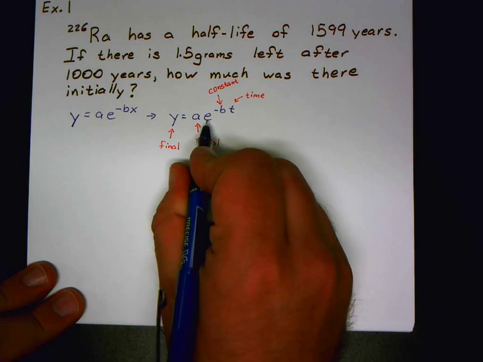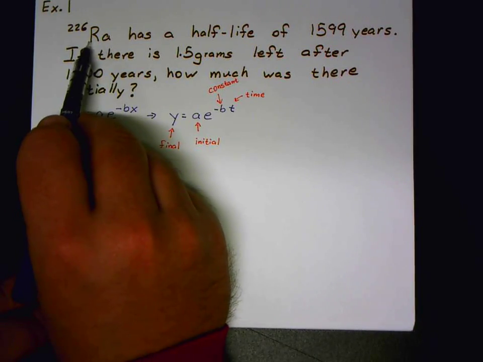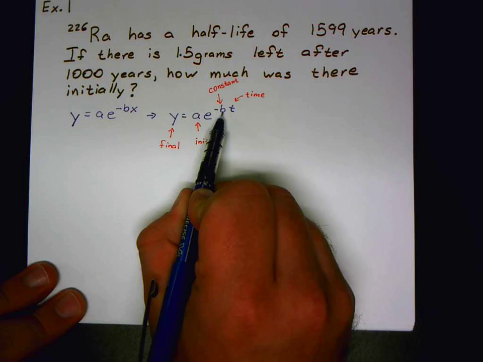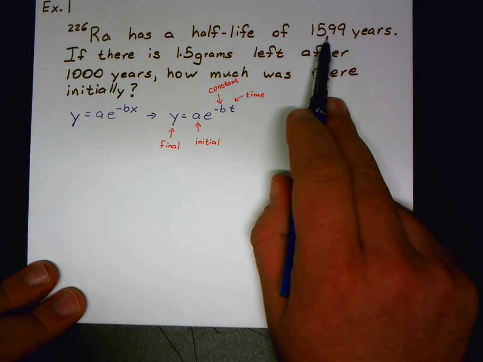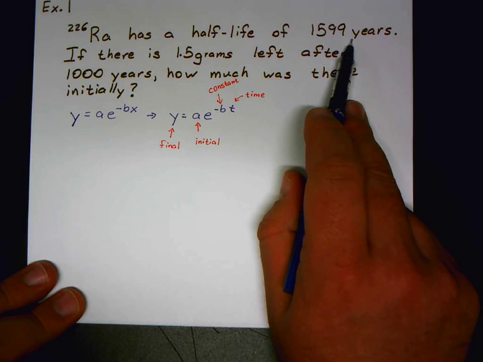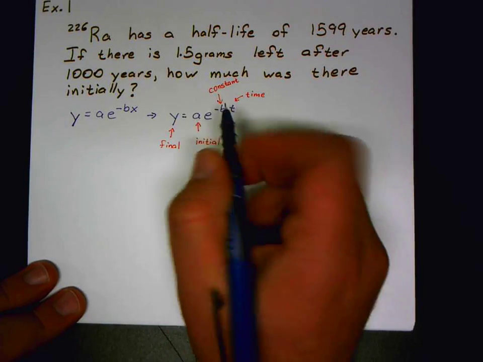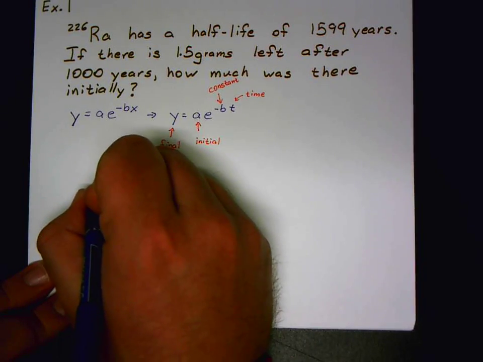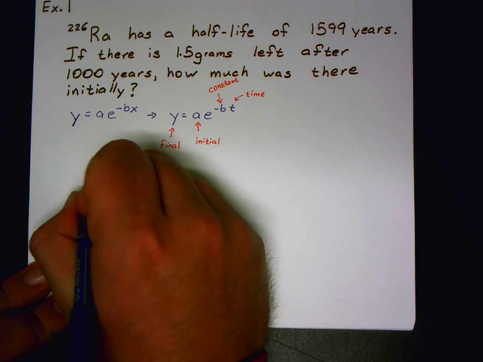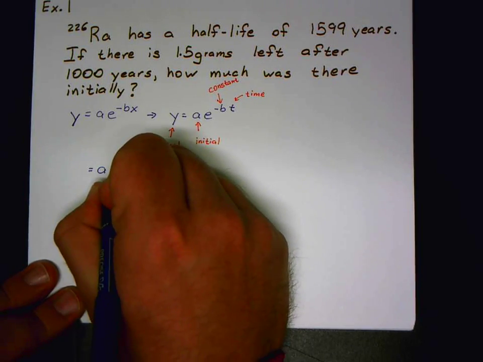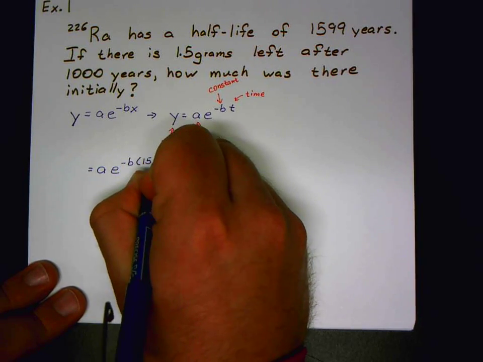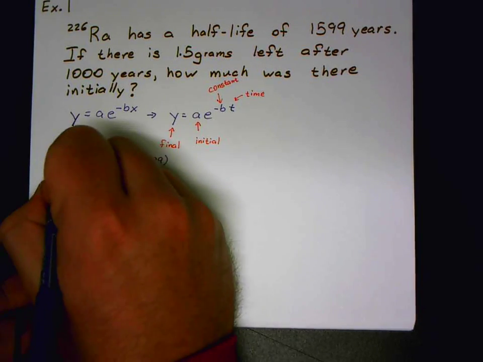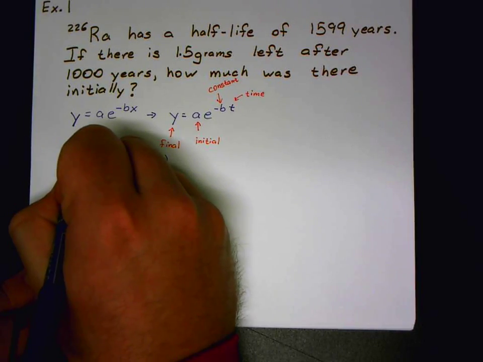Okay, so to start this problem off, to find B, I know that the half-life of this element is 1,599 years. What that means is, however much I start off with, in 1,599 years, I have half of that amount left.